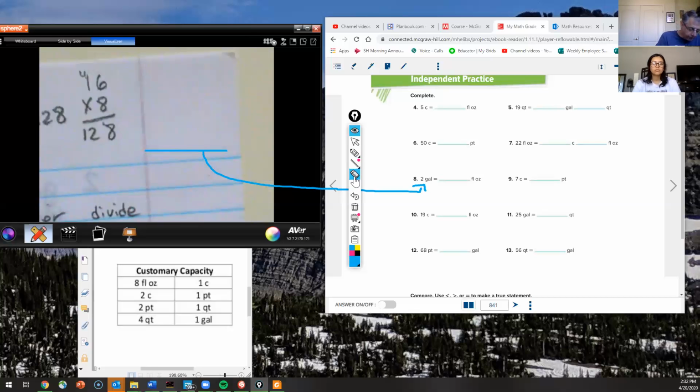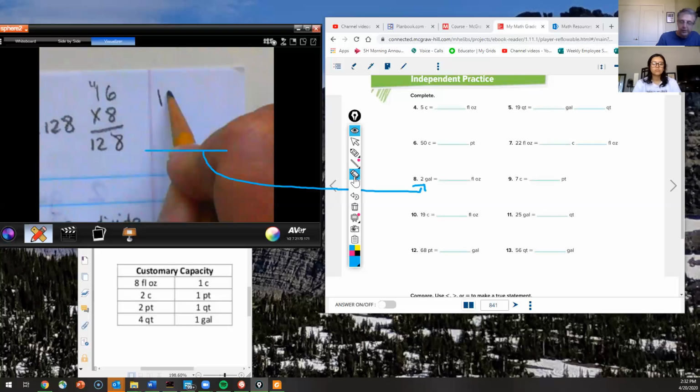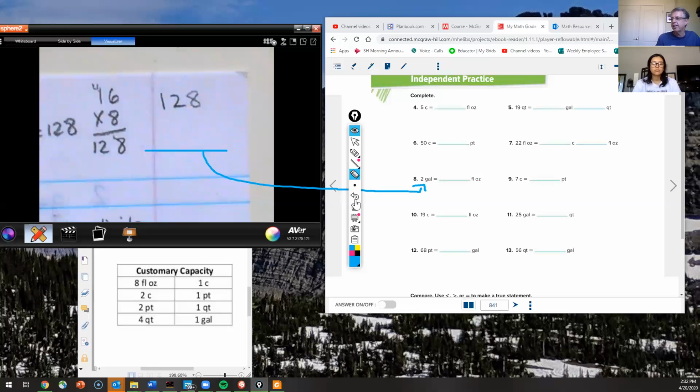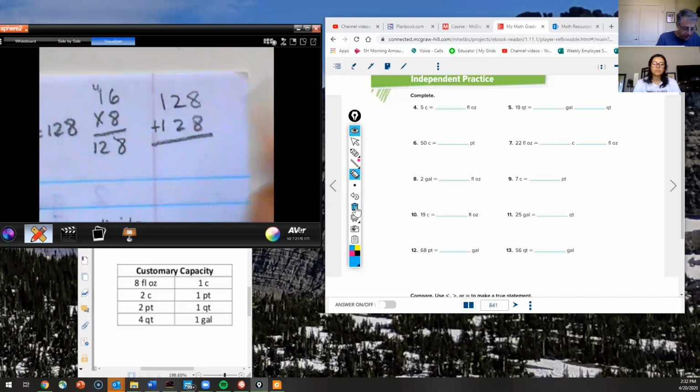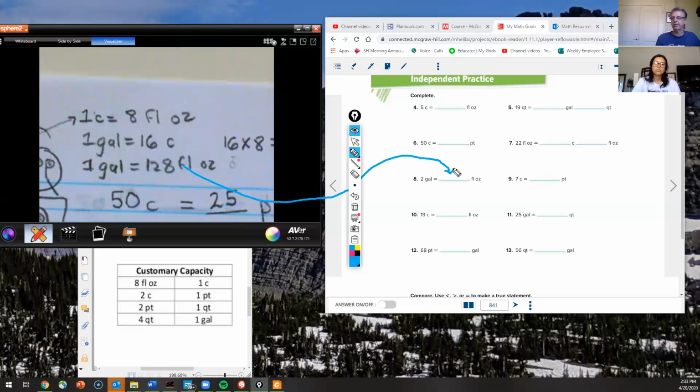I'm going to take the number of fluid ounces that are in 1 gallon, which is 128 fluid ounces, and multiply that by 2, or I can just add it, either one. 16, 5, don't carry anything here. So I have 256 fluid ounces in 2 gallons. So 256 is how many fluid ounces are in 2 gallons.